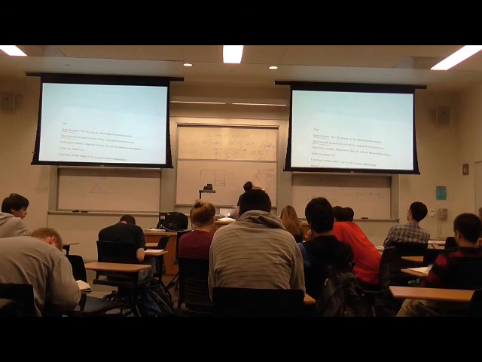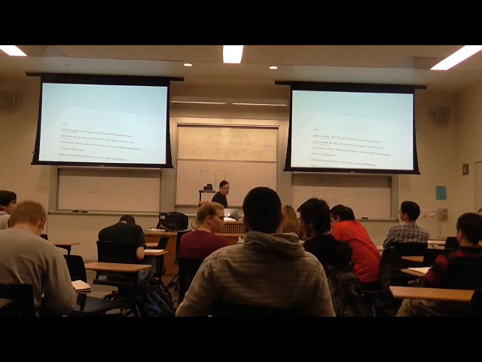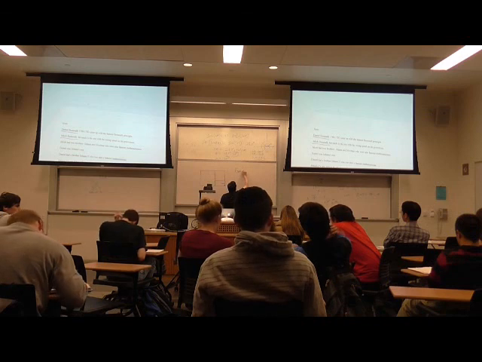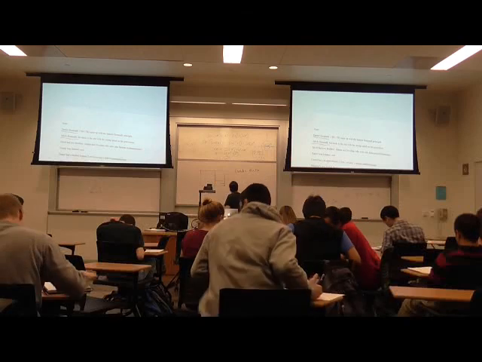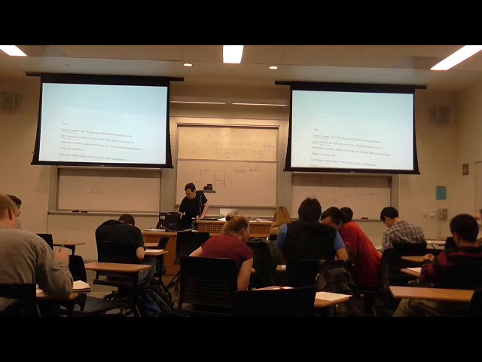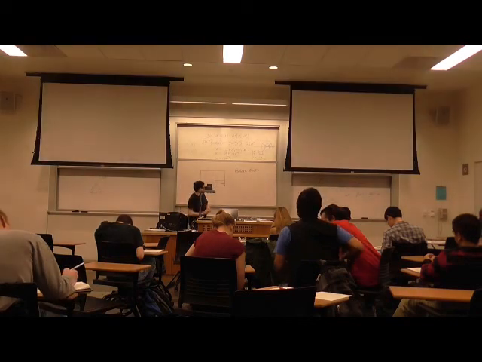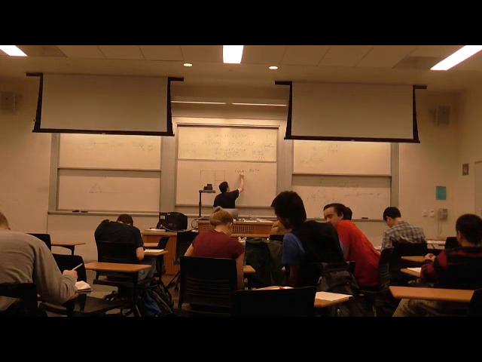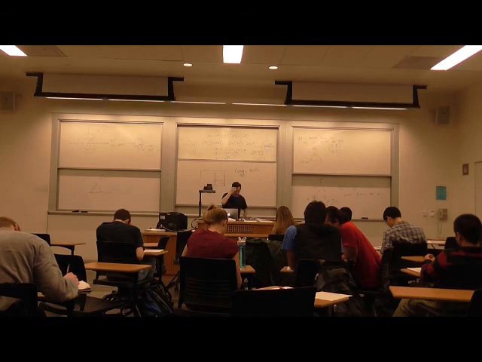Has anyone here ever heard of the golden ratio? So the golden ratio turns out to be 1 plus the square root of 5, over 2, which itself is not very interesting.